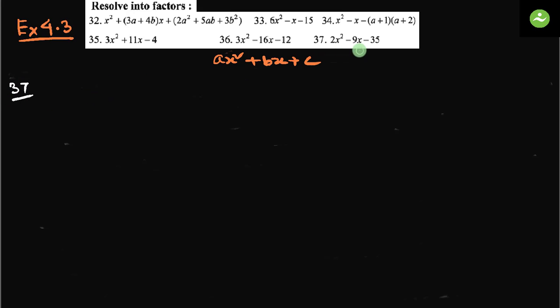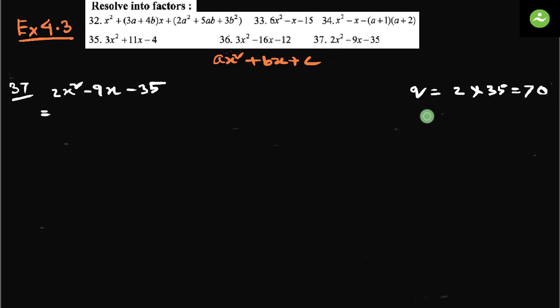2x square minus 9x minus 35. Equals, here the value of q is a into c, means 2 into 35. 2 into 35 equals 70.